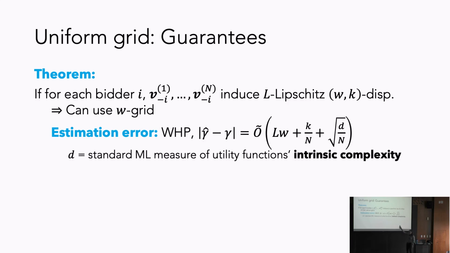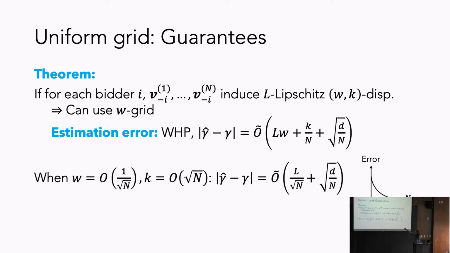And our estimation error is going to be, with high probability, the difference between gamma hat and gamma is going to be LW plus K over N plus square root of D over N, where L is the Lipschitz parameter, W and K are the dispersion parameters, N is the number of samples, and D is a standard machine learning measure of intrinsic complexity that I'm not going to get into here, but it's basically like VC dimension or pseudo dimension if you've seen those before. If you've seen those before, then the square root of D over N will look really familiar.